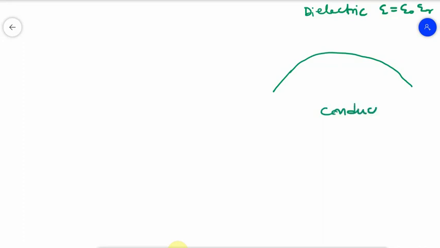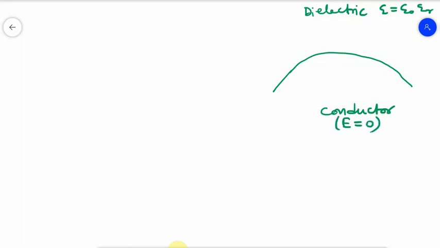Now for electric flux density, for the same conductor dielectric boundary condition, we will assume a boundary. Here it is the dielectric with epsilon equals epsilon 0 epsilon r, and here it is a conductor with conductivity equals 0.